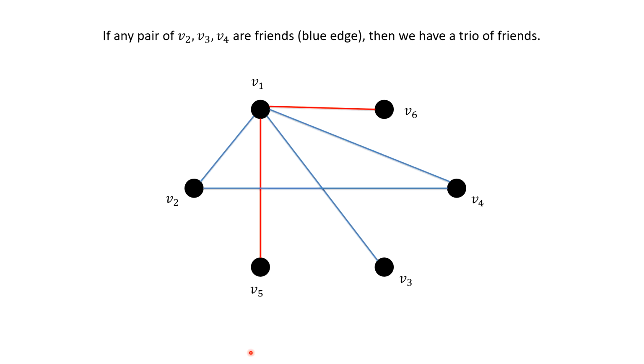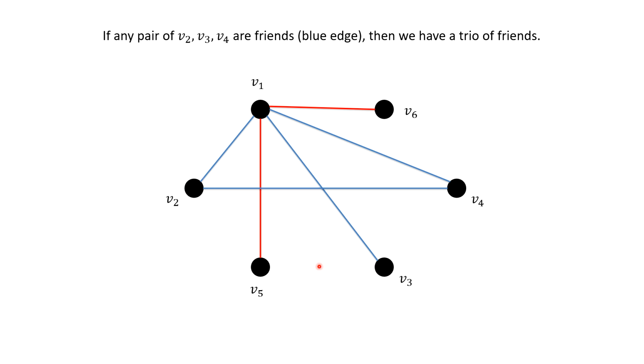So the first subcase is where, among the friends of V1, in other words V2, V3, and V4, at least one pair is friends with each other. In other words, if any pair from V2, V3, V4 are friends, then we have a trio of friends. And I'm just showing you one example here where V2 and V4 are friends, and you have this trio of friends.